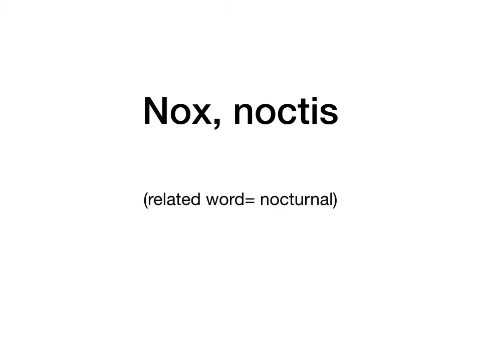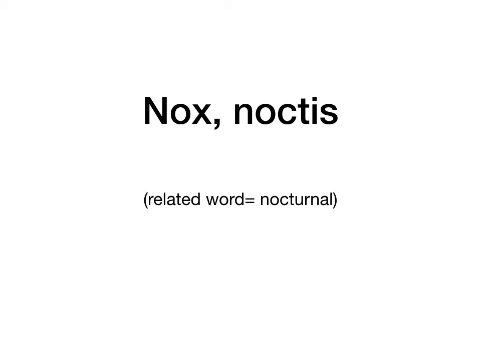So nox, noctis. This is not technically a vocab word for this chapter, but I just like it a lot. So a related word kind of gives it away, and it's coming from the genitive stem, not anything from the nominative, because the C and the T showing up in the genitive, that's where we actually get the stem that translates over into English words like nocturnal.